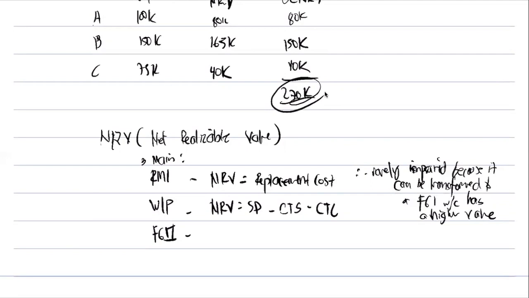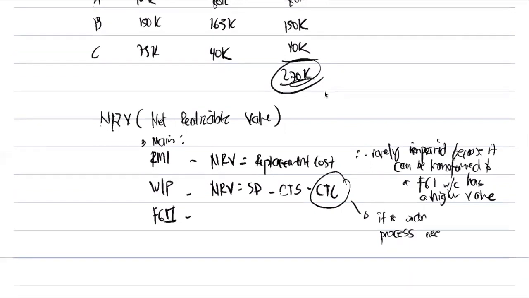Sir, why do we need to deduct cost to complete? Because it's still under process, therefore it needs completion. How about cost to sell? Because you need to incur cost just to sell the product. So NRV of work in process is equal to selling price less cost to sell less cost to complete.